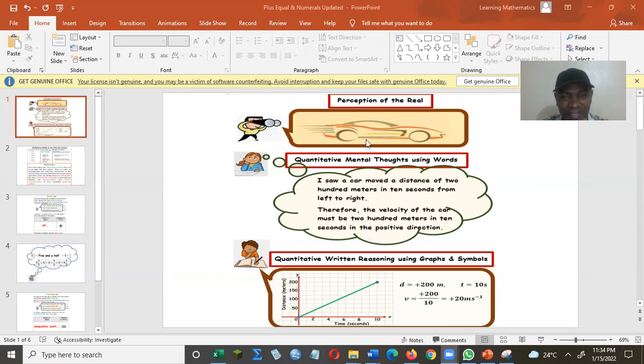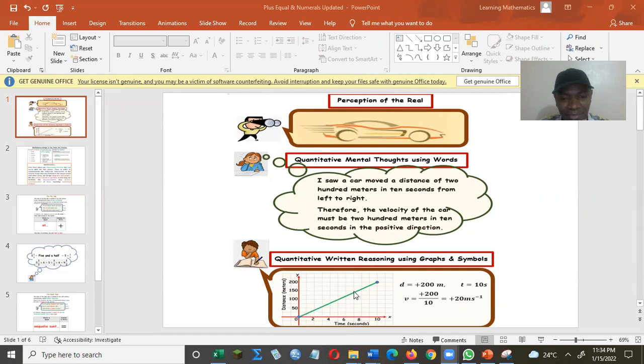So from the real to words, and from words now, to facilitate the documentation and the communication of the idea that's in your mind, your mental thoughts, quantitative written reasoning using graphs and symbols is developed. Here's the graph to depict that activity. Your vertical axis, your y-axis, is distance in meters, your x-axis, your horizontal axis, is time in seconds. And these two variables are depicted in this graph.